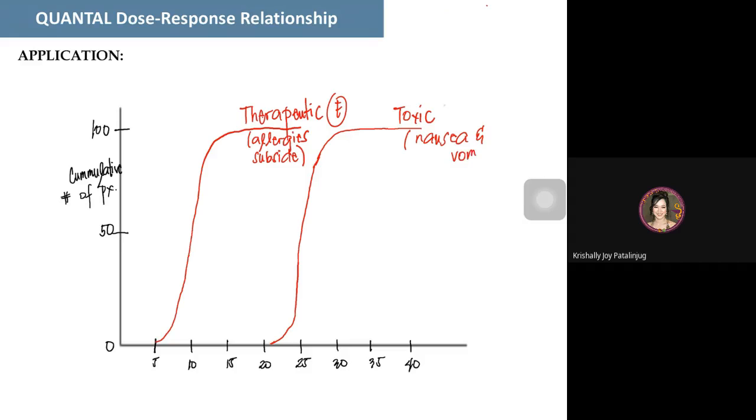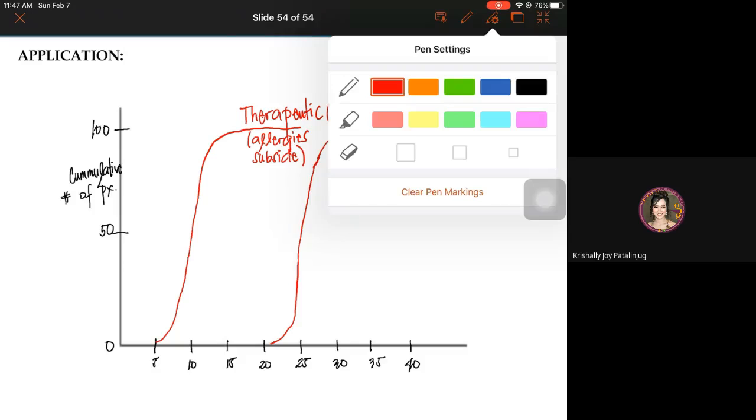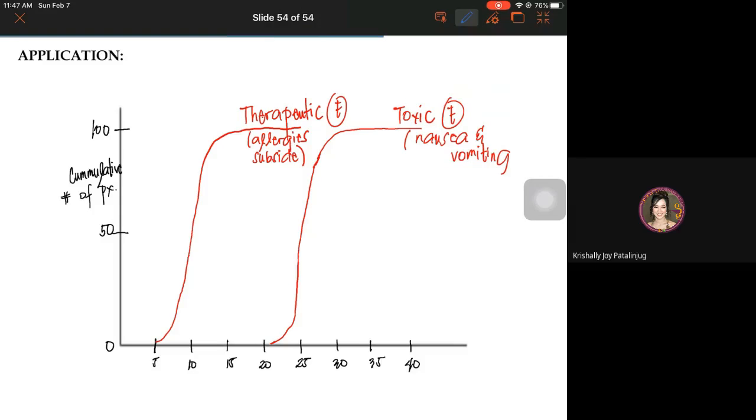At this particular curve, nagkaroon na siya ng mga toxic effect na nausea and vomiting. So, example lang 'yan. Now you are asked to find the therapeutic index. Paano nga ulit kunin yung therapeutic index?